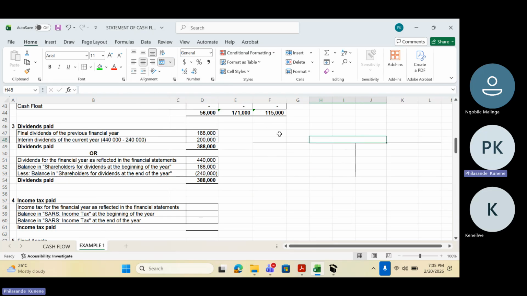So the general ledger account that you need to prepare is for shareholders for dividends. We're going to have your debit here, and then your credit. Obviously, you're going to have your balance brought down on your debit side, which is going to be how much?